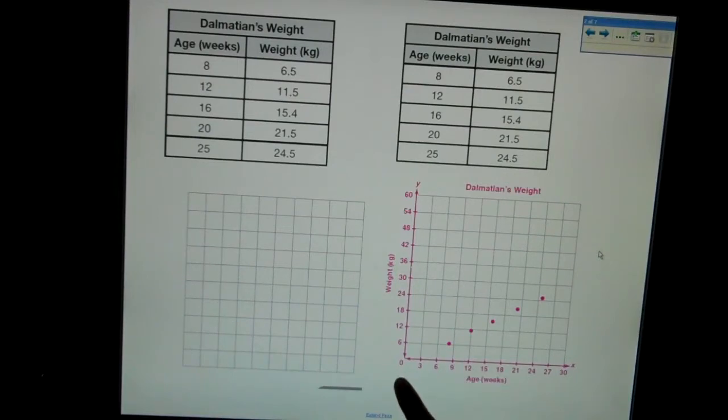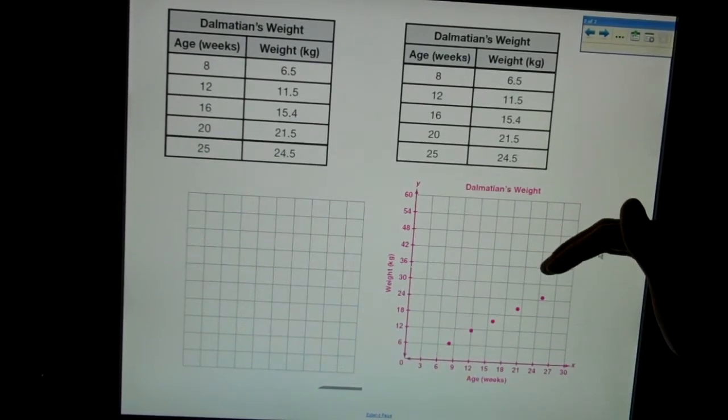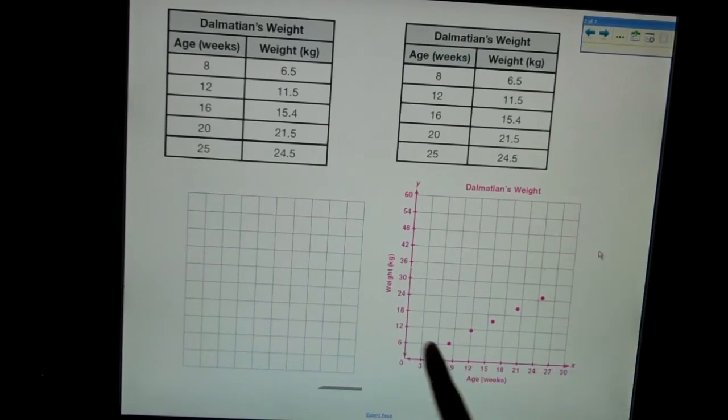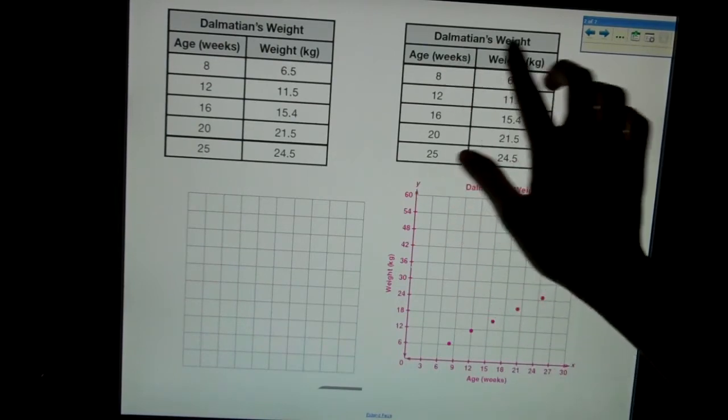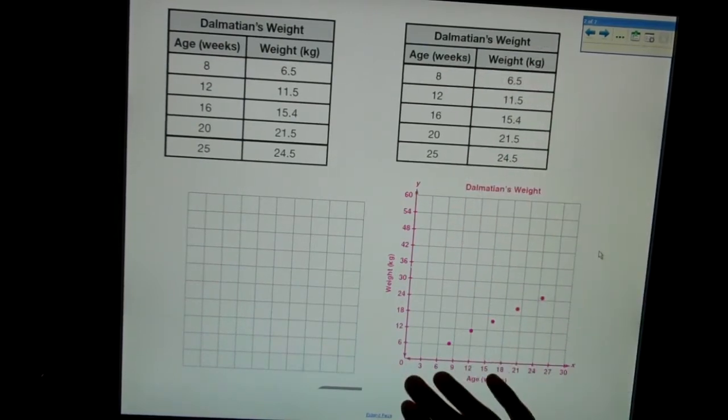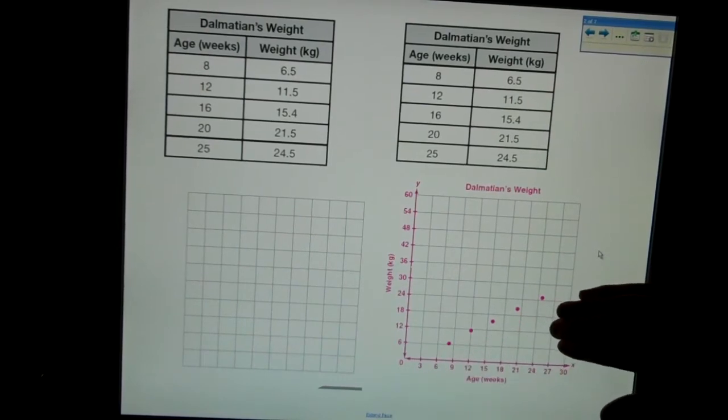If we look at this, as our ages increase, so as we get older, what is happening to our weight? You should notice as we get older, our weight is getting bigger. We're getting larger, we're gaining more weight. While most of us don't see gaining more weight as a positive thing, as a Dalmatian, we do, and these are going up and to the right.